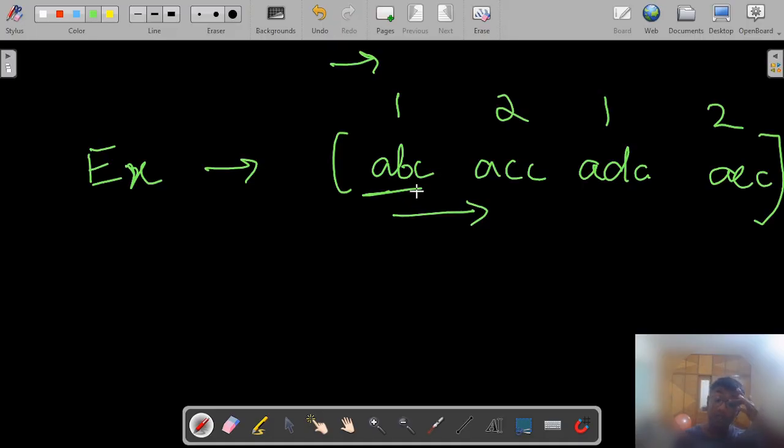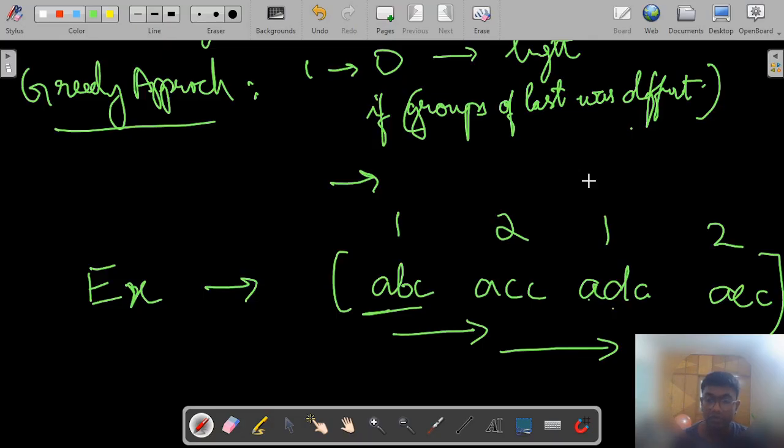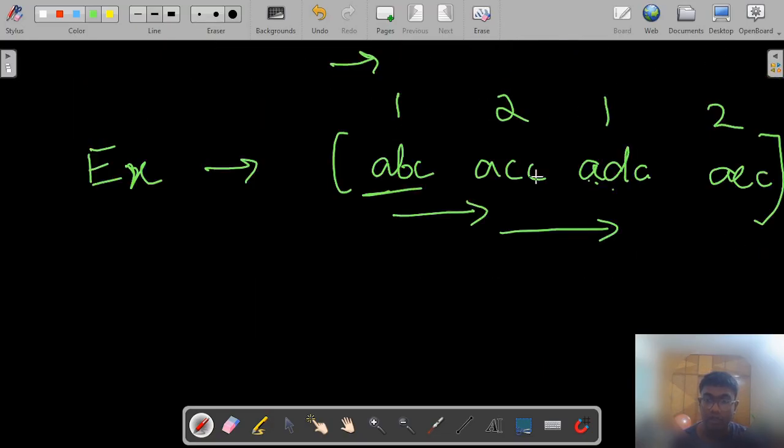And now from ACC to the next possible word, there is no possible pair as the difference does not match. From ACC we do not have a valid answer, so we cannot include ADC and also AEC.